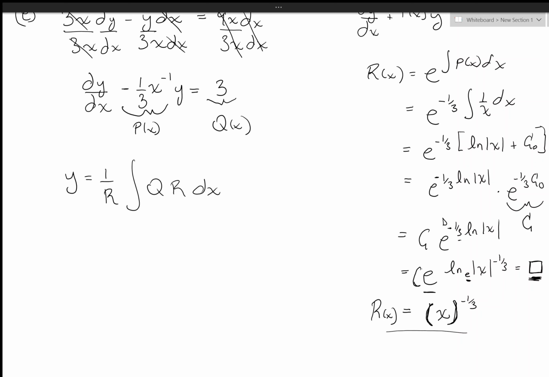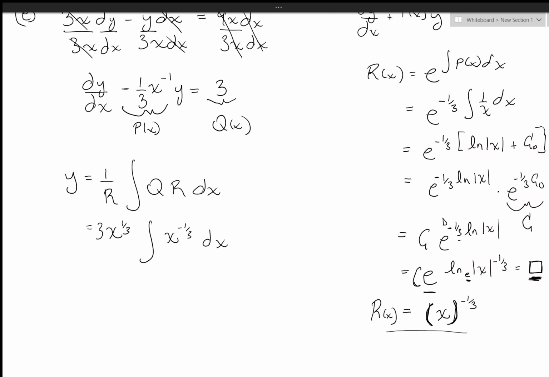Okay, q and r are both functions of x. So r is x to the -1/3, so 1/r is x to the 1/3. And then q, we said was 3, so I'm going to take the 3 out. And then we have x to the -1/3 dx.